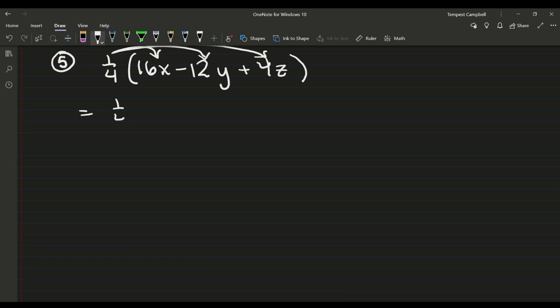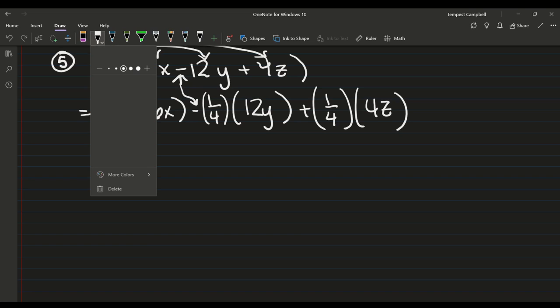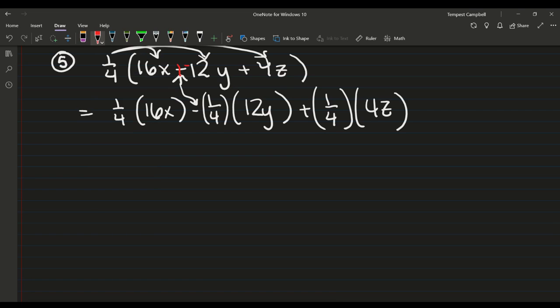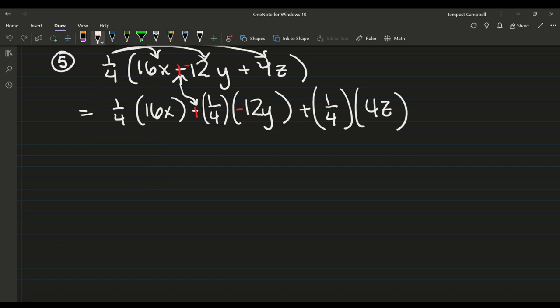So we get 1/4 times 16x minus 1/4 times 12y plus 1/4 times 4z. And again, I'm not a fan of keeping the negative here, but I would rather have you do plus or add the opposite. So add the opposite, okay? That is my preference, and it will make sense if you start making a ton of mistakes, okay?